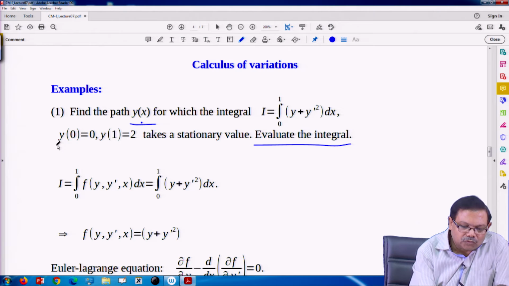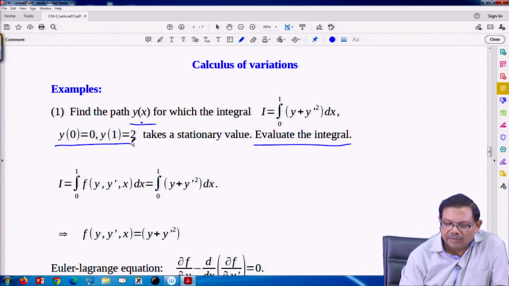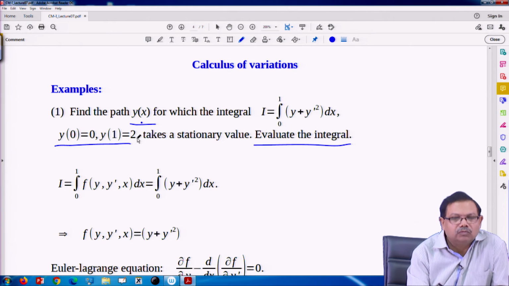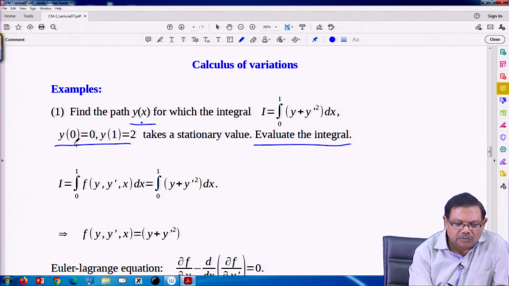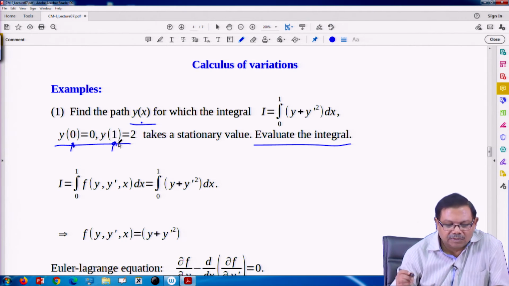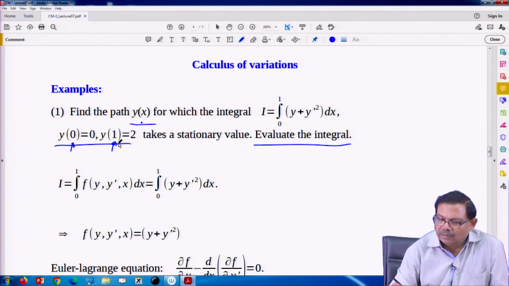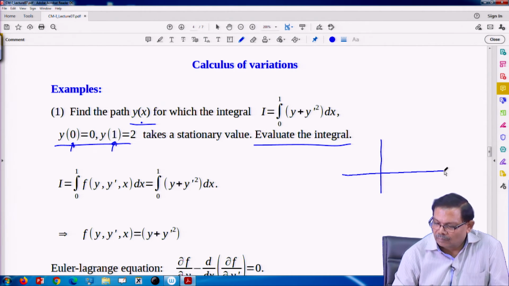And what are those 2 points? It is given y of 0 is 0, y of 1 is 2. So, x equal to 0 and x equal to 1 are the end points. All the curves must pass through these two end points. So, suppose I try to plot here x and y.